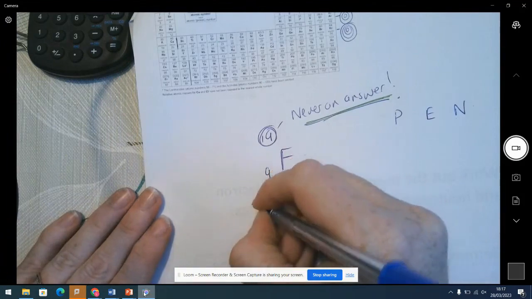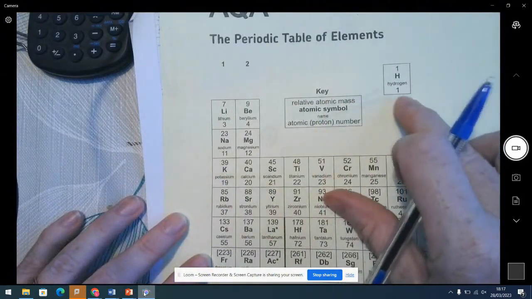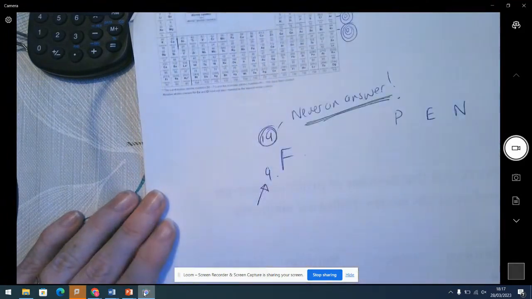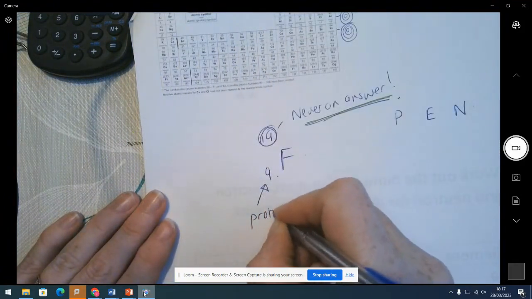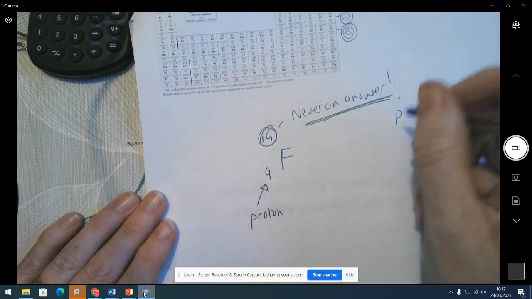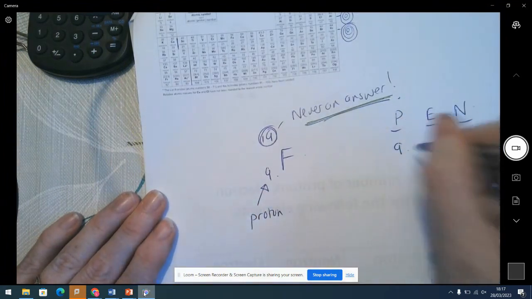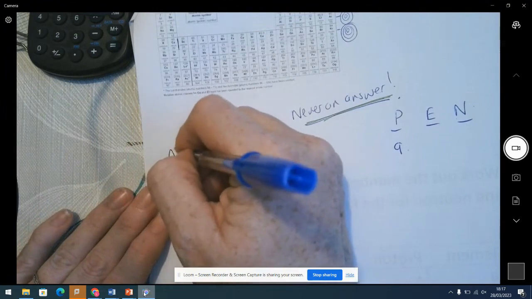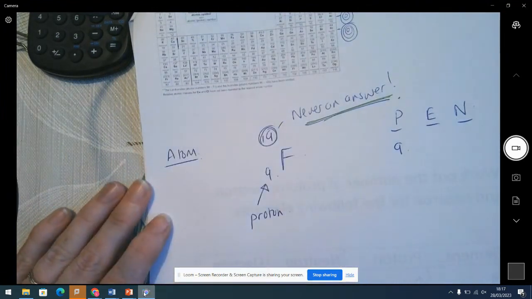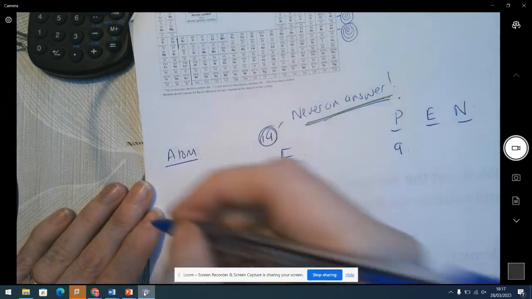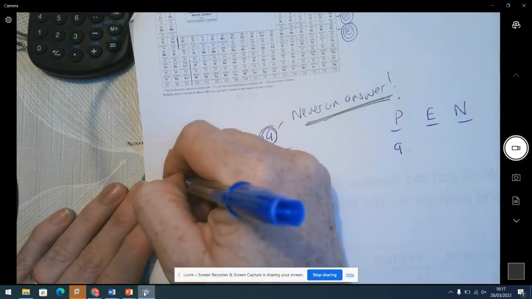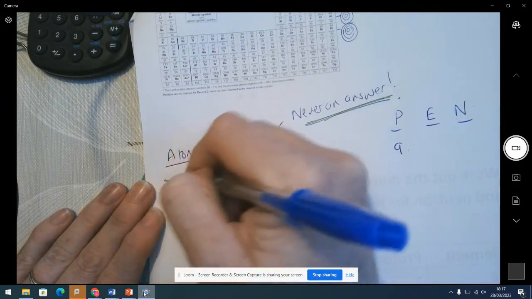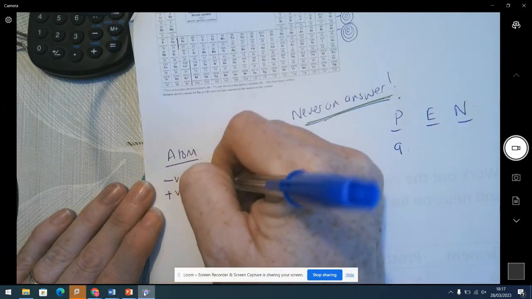What you do need to know, though, is that from the periodic table, I know from the key that the bottom number is the proton number. So I know in the case of fluorine, that fluorine has got 9 protons. Okay, so I can see quite clearly, dead easy, proton number is 9. Now, what you do need to know is that in an atom, okay, so we're not talking about ions here, in an atom, the number of negative charges to positive charges are equal.